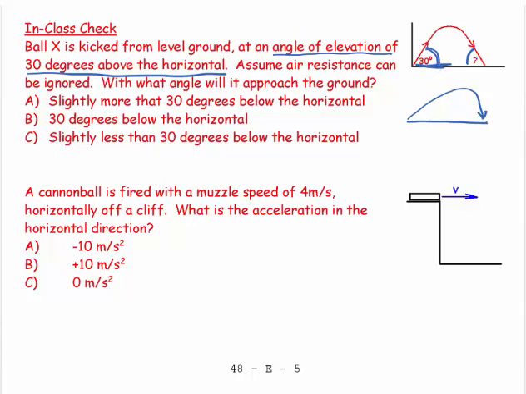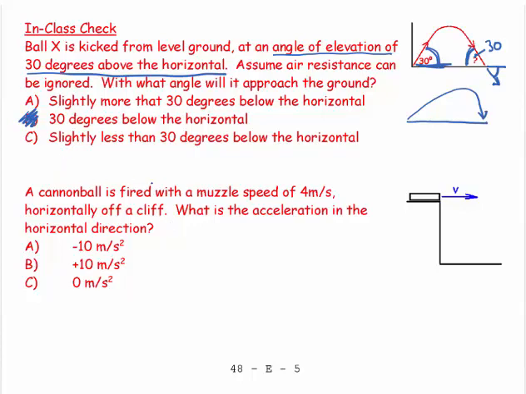And so we find that the angle with which the object approaches the ground will be 30 degrees below the horizontal. So it gives me 30 degrees here and 30 degrees there. Conceptual question.